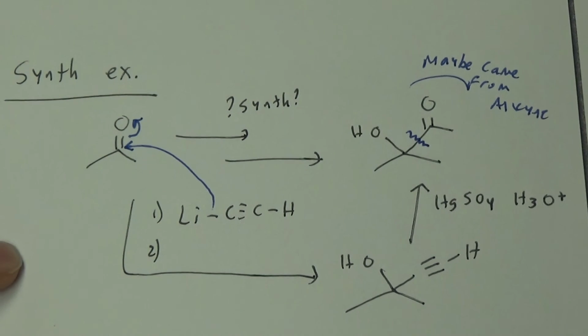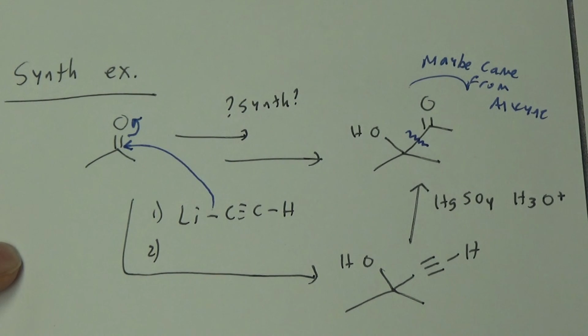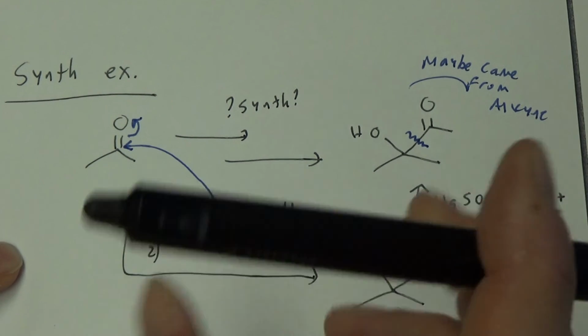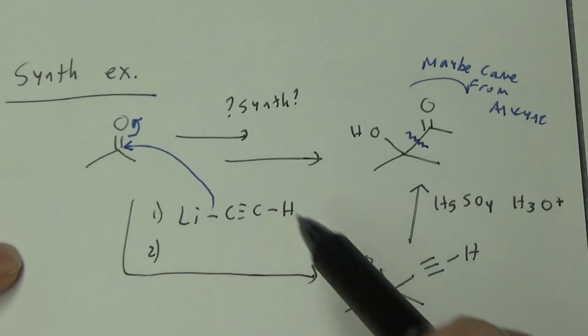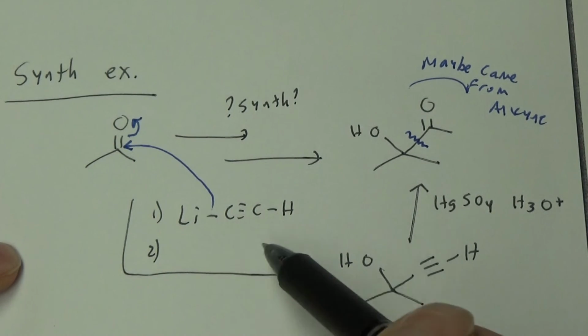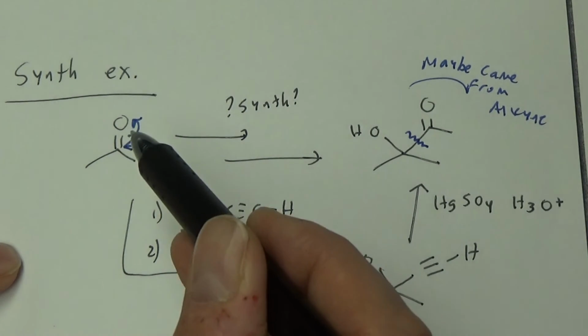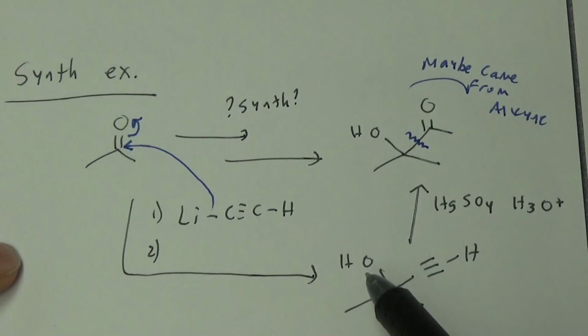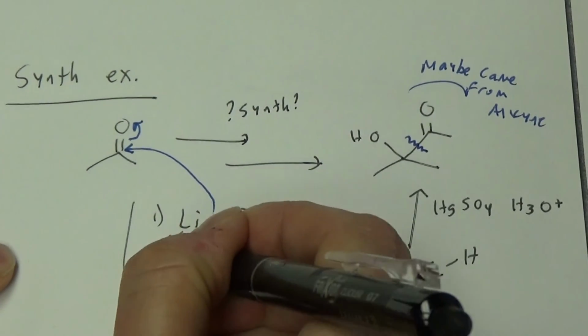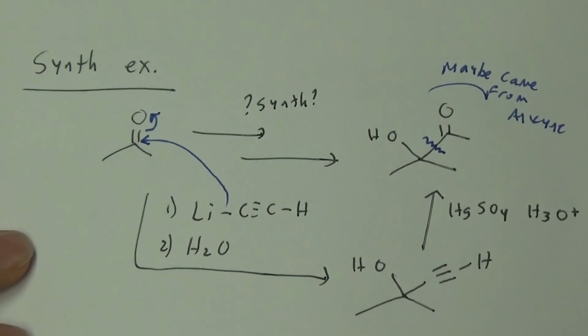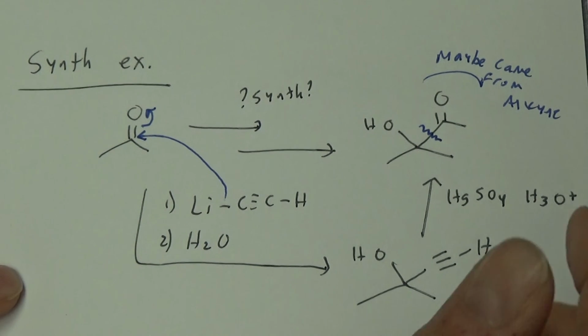It's just not necessary. I never really require mechanism arrows on synthesis problems. So this attacks, then you get an O-, and that tells you what step 2 is going to be. What does the O- do to get turned into an alcohol? Maybe water or something. So that was a pretty easy synthesis problem. Okay, cool.